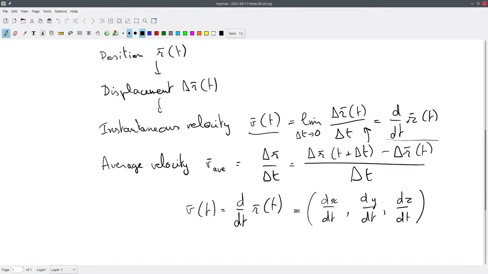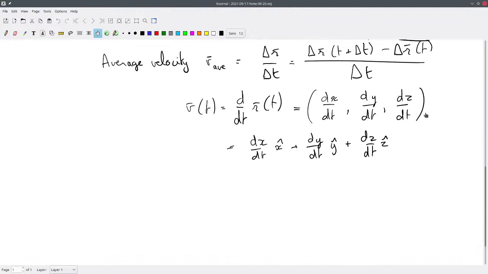So you can just do the derivative with respect to time on an individual component level. Or the other way to write this is, of course, dx dt times x hat plus dy dt times y hat plus dz dt times z hat. So there's nothing special about derivatives of vectors. All it does is taking the derivatives component-wise. So let's look at an example here.